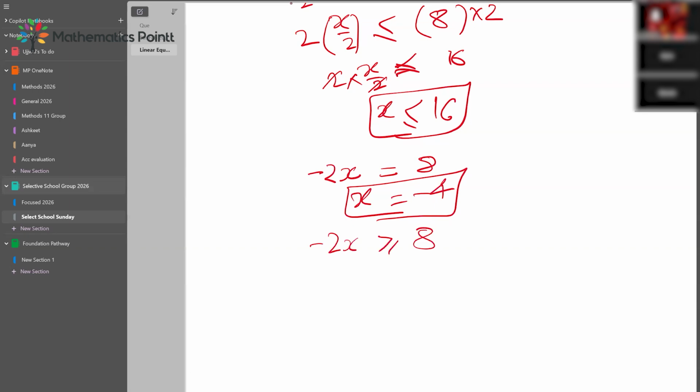Okay. Just say greater than and then an equal sign. It is absolutely fine. Just do exactly what Shadow has just done.